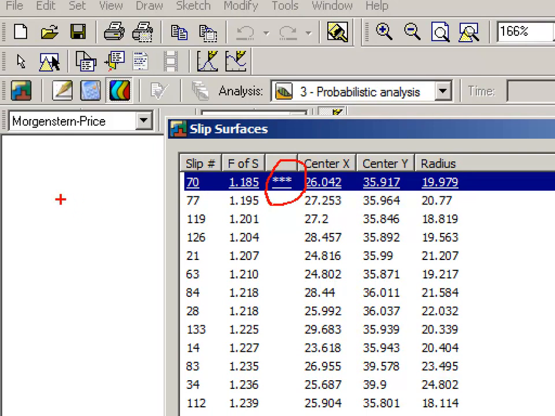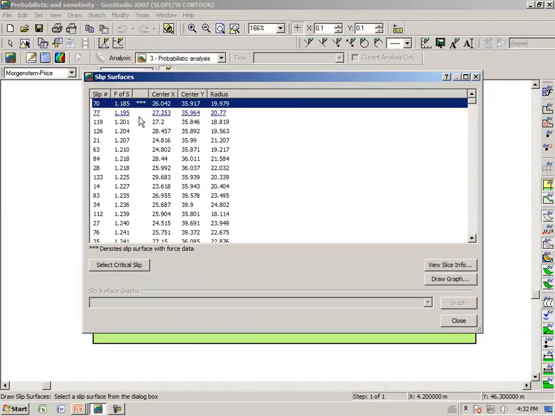In the define portion of SLOPE/W, we can specify how many trial slip surfaces we want to do the Monte Carlo simulation on.